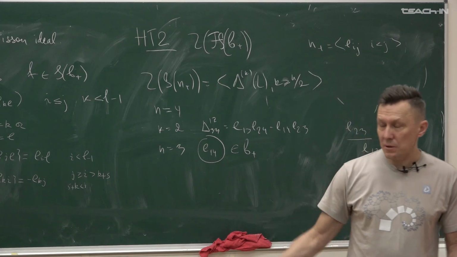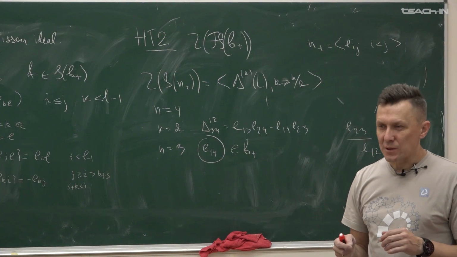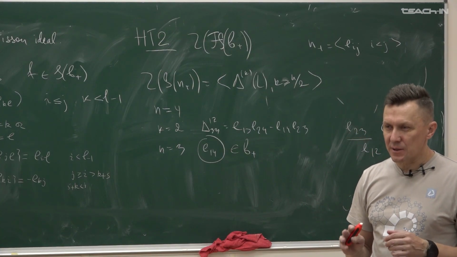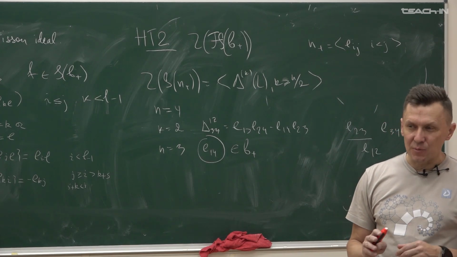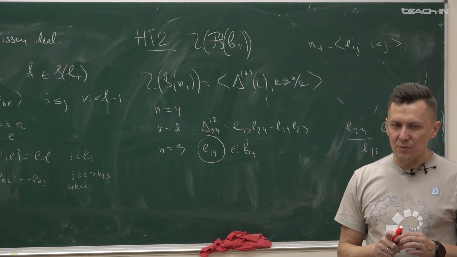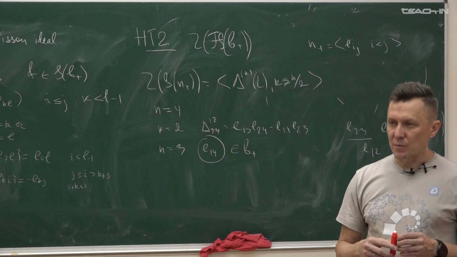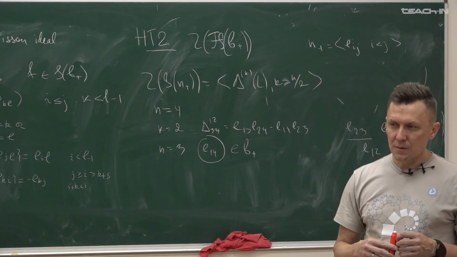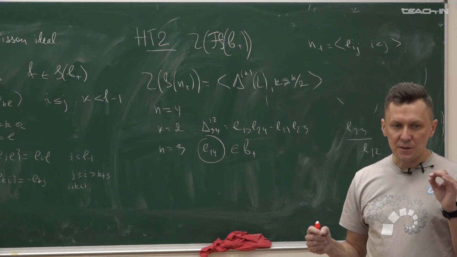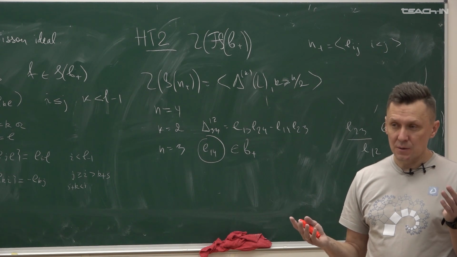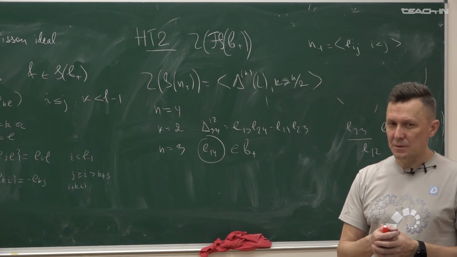It is for generic n, but one element in the center can be guessed simply, just by some obvious reasons. The trace of the matrix, because the trace of the matrix is a central element in GLn, and it is an element of the Borel Lie algebra.